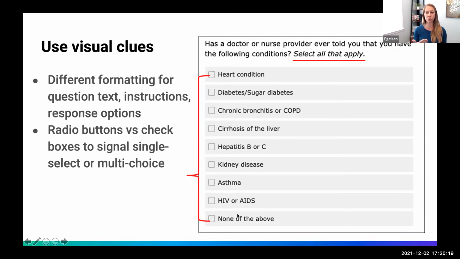So this visual cue reinforces the select all instructions. I know there are people who don't like radio buttons and checkboxes because they think it looks cluttered and not as modern looking. And they're probably right. Aesthetics are important.